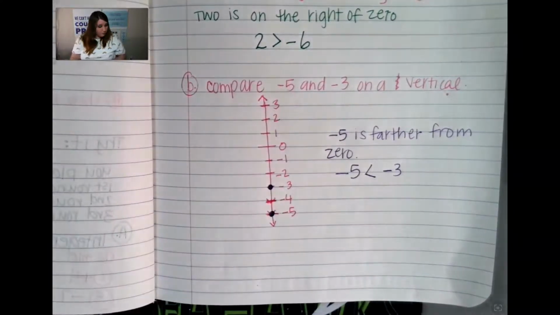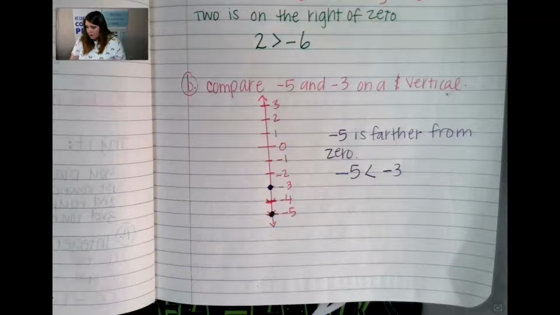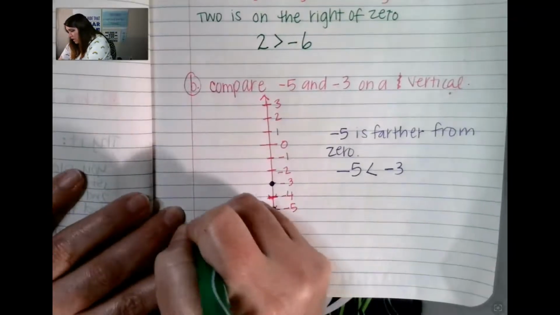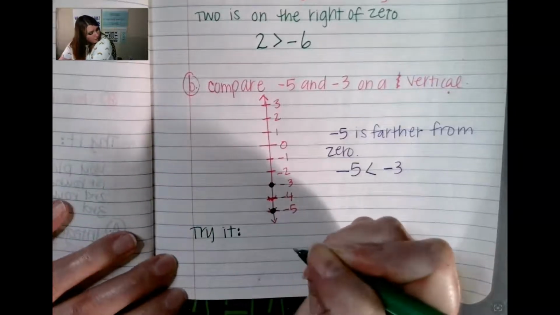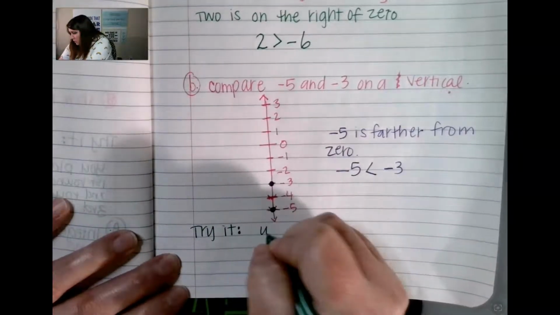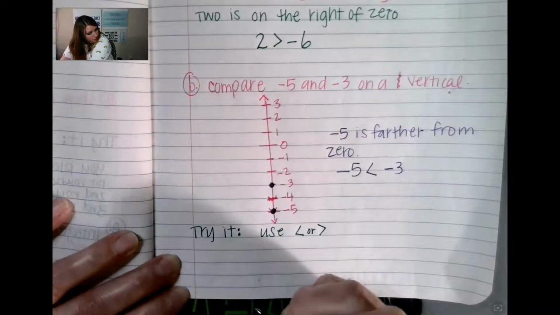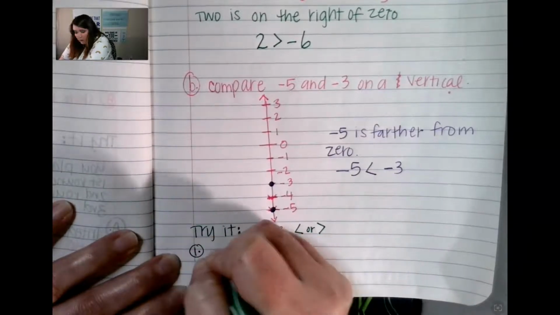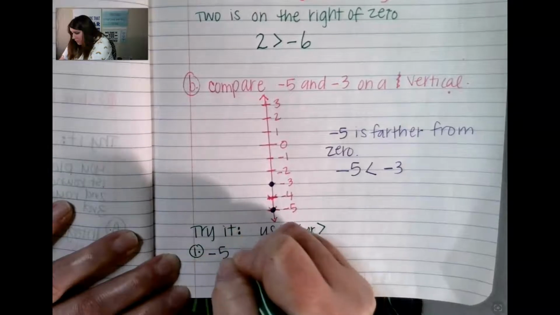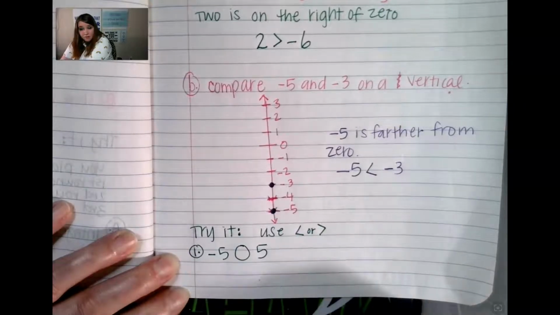Okay, now I want you to do a try it for me. Tell me which is greater. I want you to use less than or greater than. In your first one, I'll give you -5 and +5.